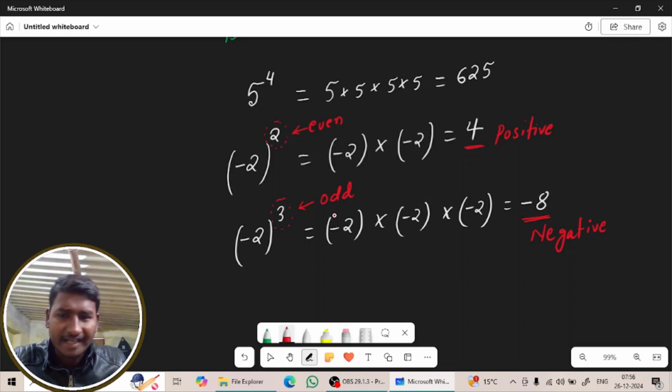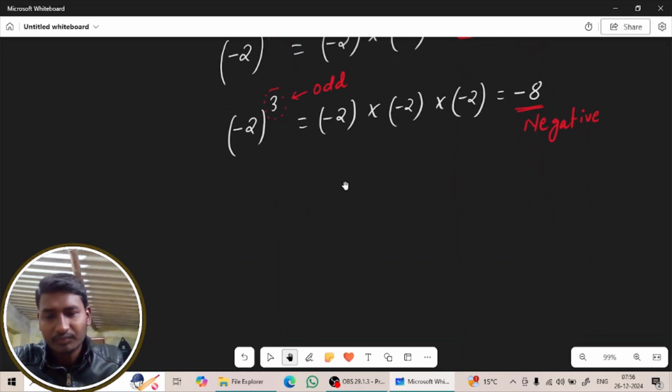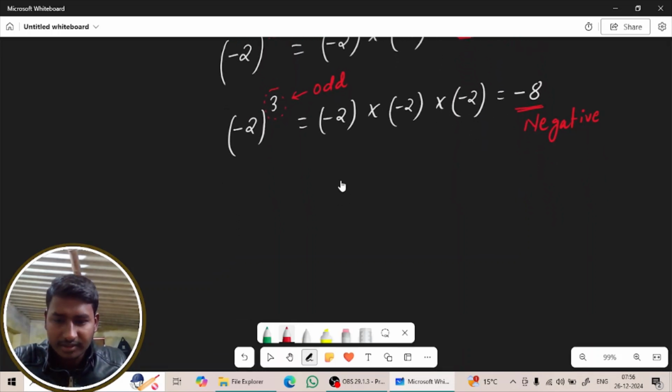Now, what about fractions? We talked about positive numbers, we talked about negative numbers. Now let's see fractions. If a fraction comes, let's say I'm writing the fraction 5 over 4 to the power 3.